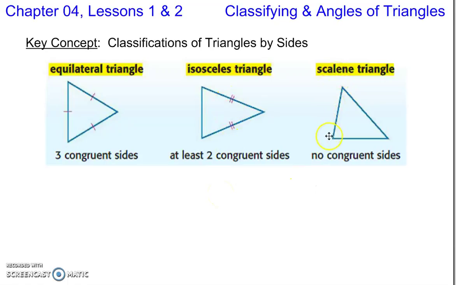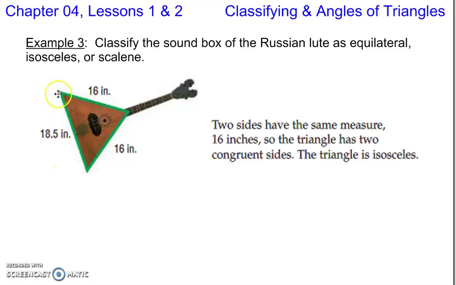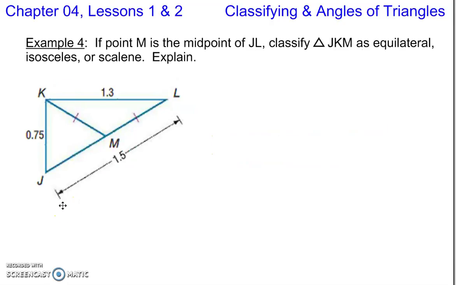And scalene means none of the sides are the same length. So let's look at this. Classify this as equilateral, isosceles, or scalene. Since two sides have the same measure, this is isosceles.